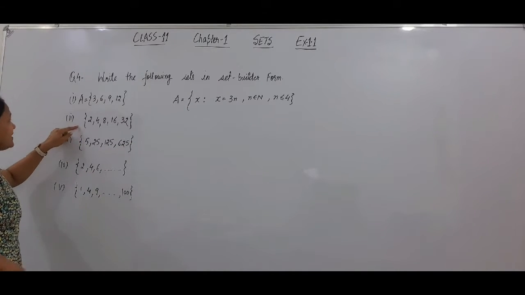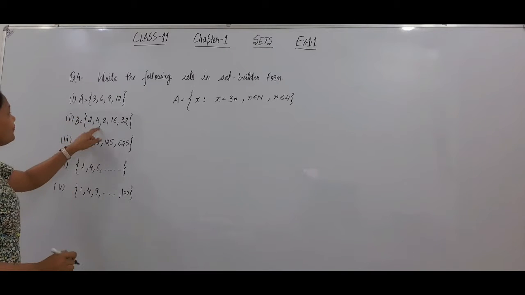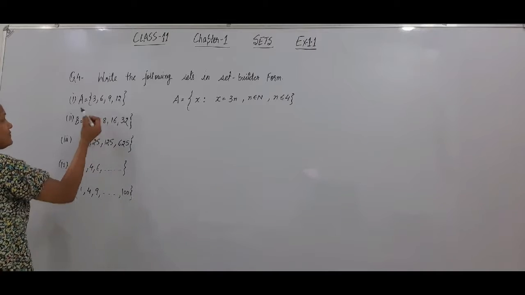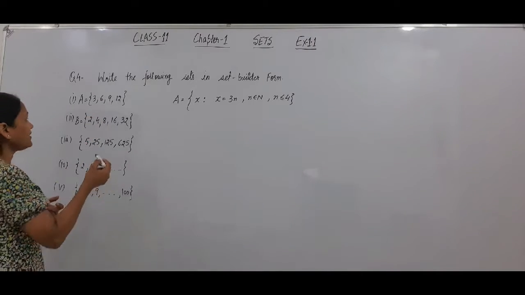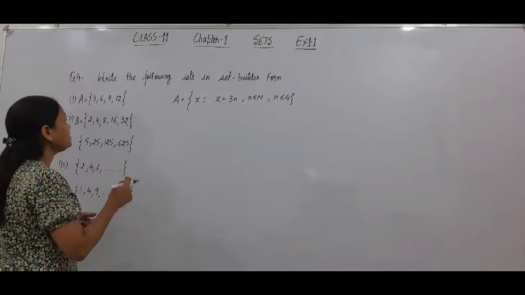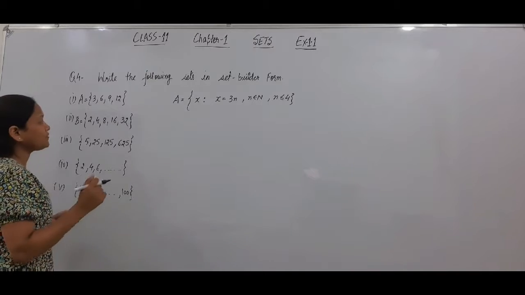Now consider your second set, suppose B is this set 2, 4, 8, 16, 32. You can observe that 2 can be written as 2 raised to power 1, 4 as 2 raised to power 2, 8 as 2 raised to power 3, 16 as 2 raised to power 4, and 32 as 2 raised to power 5.